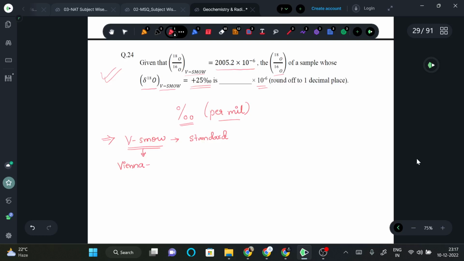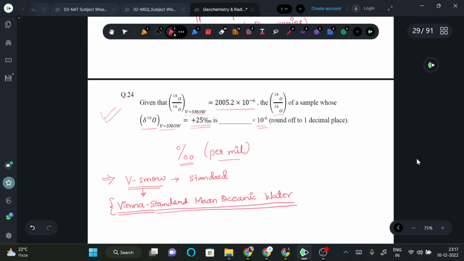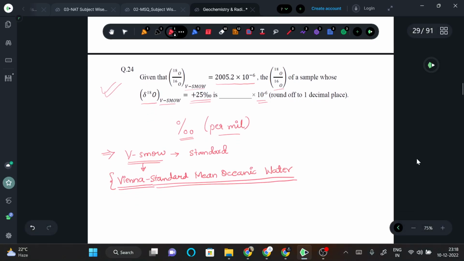Vienna is a location: Vienna Standard Mean Oceanic Water. Earlier it was just SMO, then they added Vienna because they took the standard values from there. So Vienna Standard Mean Oceanic Water is VSMO, and as you rightly mentioned, this is the O18 by O16 value in oceanic water.